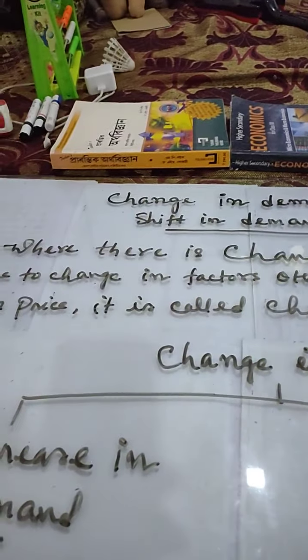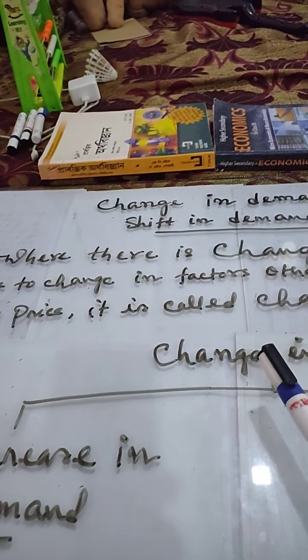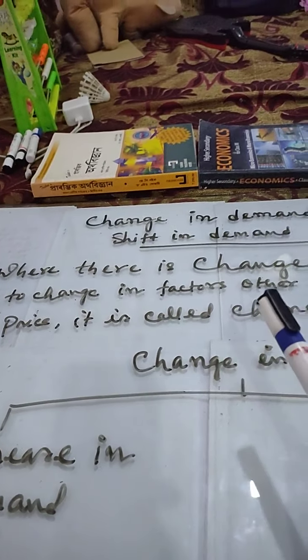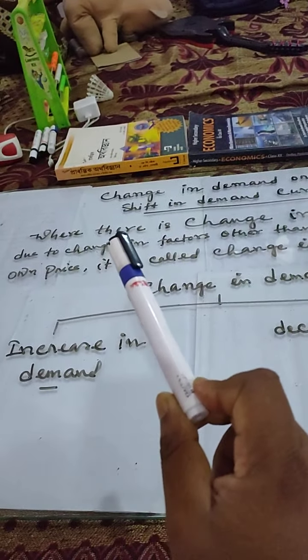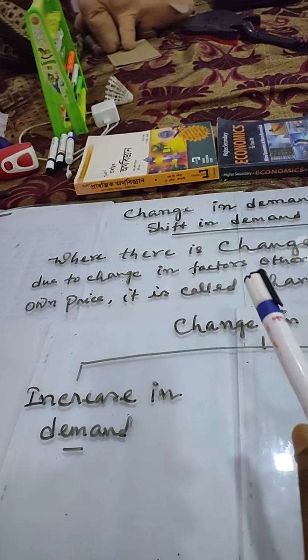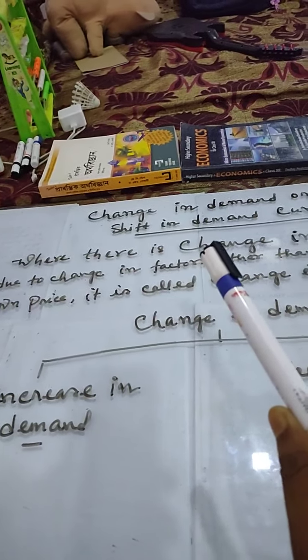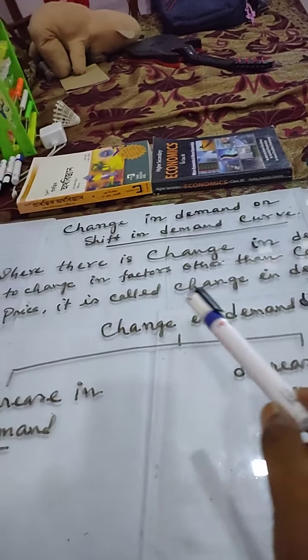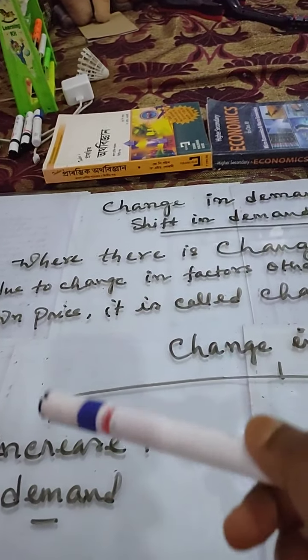So it is simple that in change in quantity demanded, the price of the commodity was the main factor that ultimately affects the demand for the commodity. That means we got expansion and contraction in demand due to change in price of the commodity, but the fact is different here.